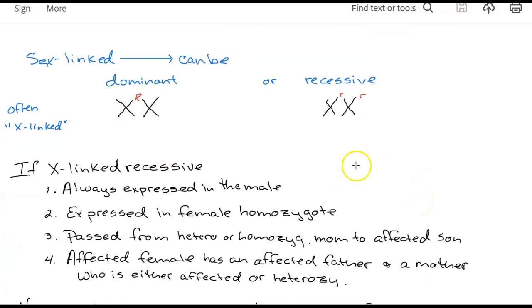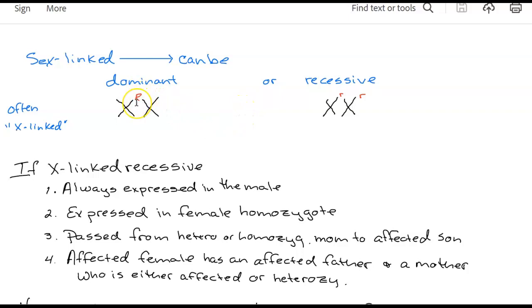So if it's an X-linked recessive form of inheritance, that means it will always be expressed in the male because he only has one X and a Y chromosome, and so the Y can't mask or suppress the X chromosome. It's already there.